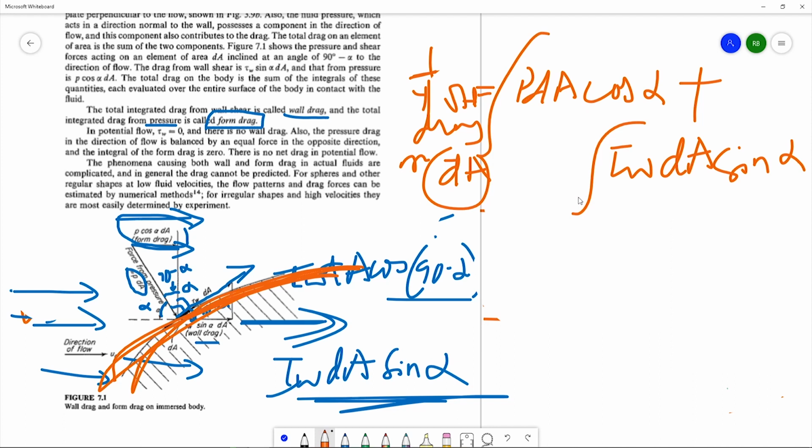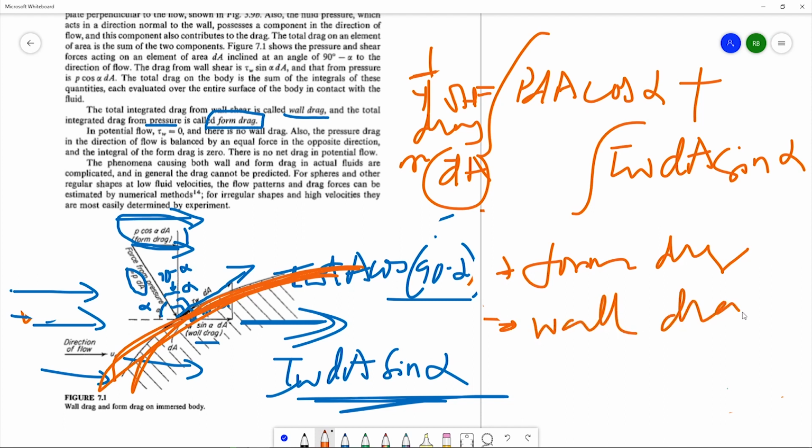Okay. Now you know the two components of the total drag force: one is form drag, which arises only because of the pressure force, and wall drag, which arises because of the shear force, and the sum of these two will give you the total drag. Okay, fine.